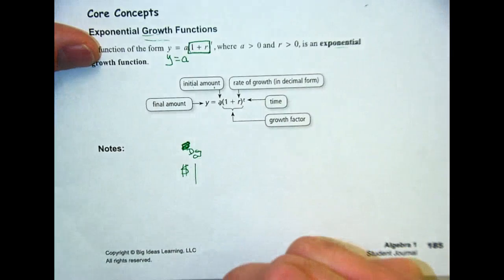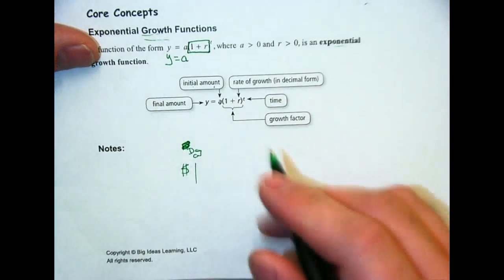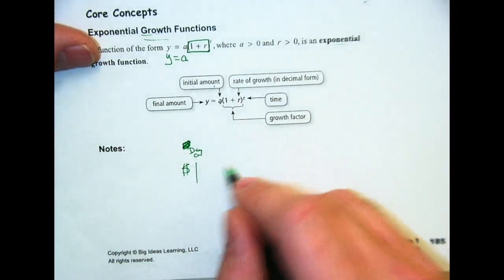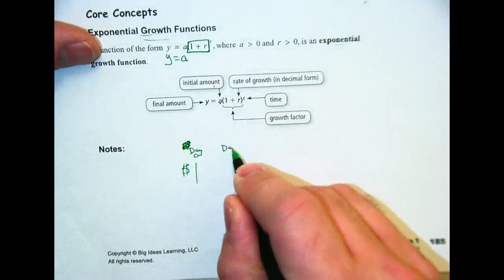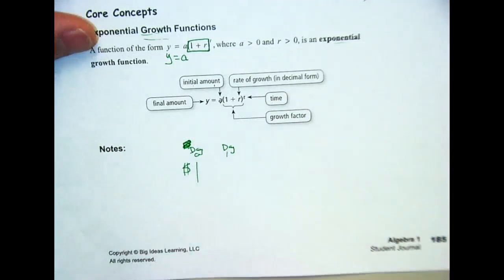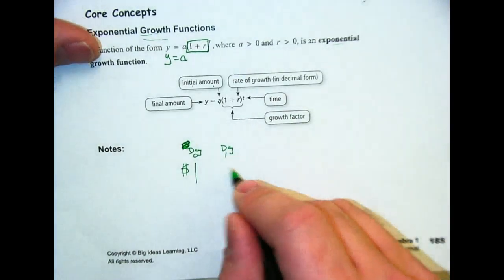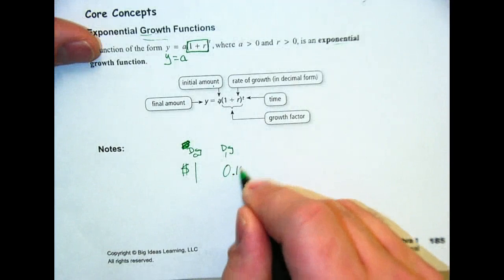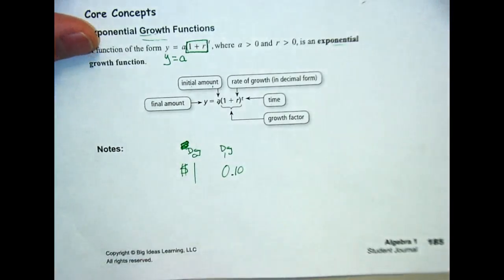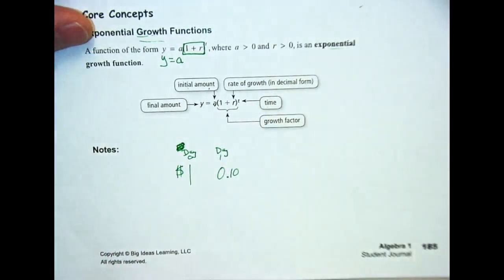Then on the first day, I say, I'm going to give you 10% of that. You're like, score, man, I got a dime. All right? How much money do you have now?